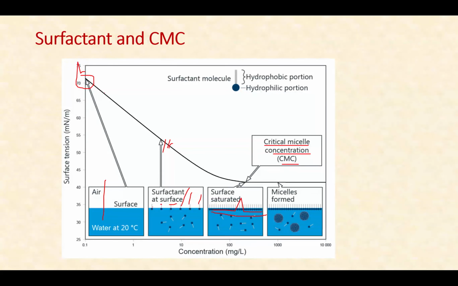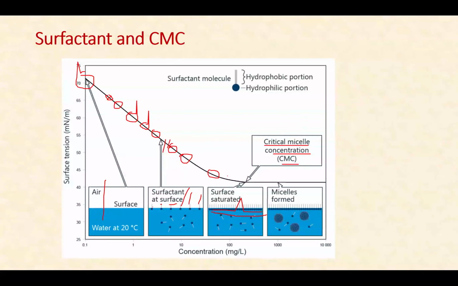Then if you add more surfactant into the water, you can see that it will decrease. We have to prepare surfactant solutions of different concentrations, and in this way you will get a plot.